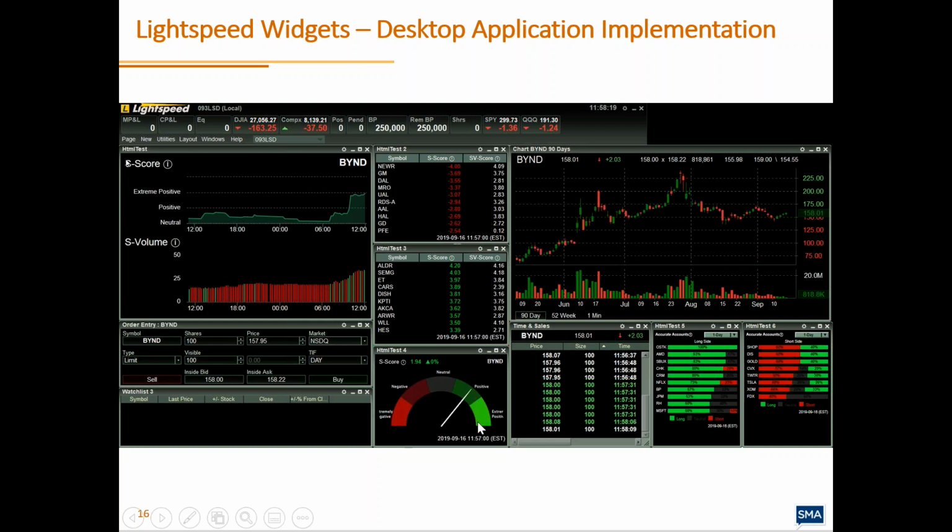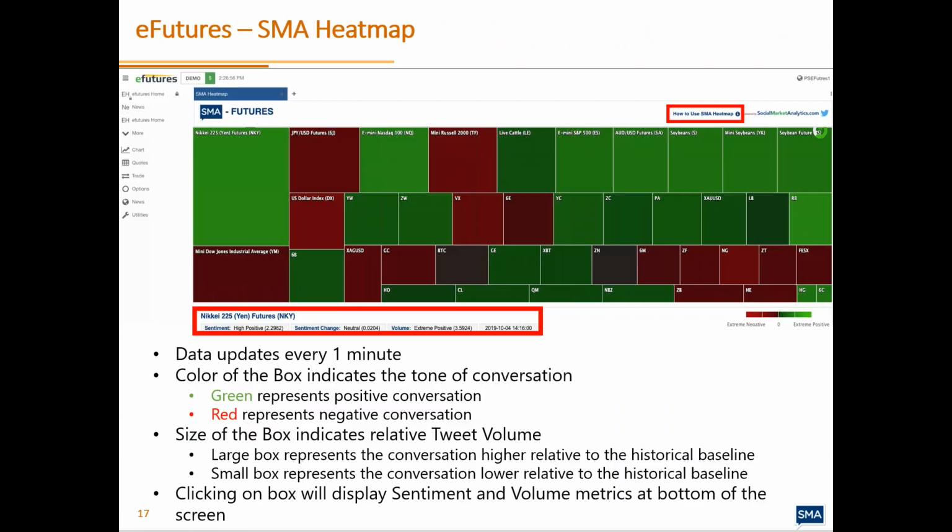Then you have your speedometer, and then your accurate account longs and accurate account shorts, as well as your individual pricing. So this is fully integrated. It can be used with the configuration that you have set up on the platform, and these widgets will update for you in real time.